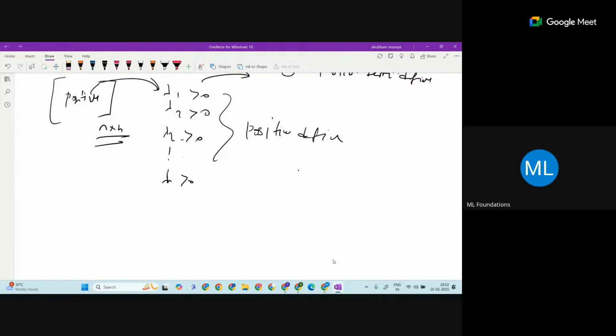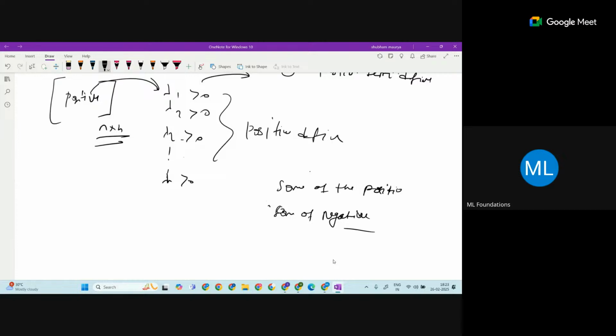And the next case: all are positive, or anyone is negative. I mean to say some of them positive and some of them negative.